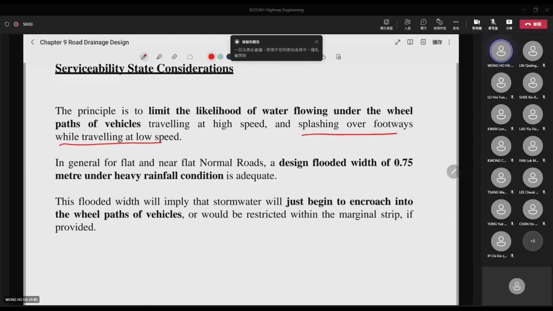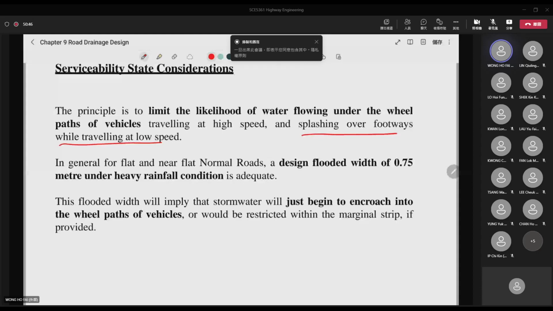That means for the serviceability consideration, we need to limit the flooded width because we don't want it to be too wide and go into the driveway of the vehicle, so that the wheel will be wetted and cause a dangerous situation to the vehicle. And for the vehicle, if they drive slowly, they may also splash the water over the footway, and then the pedestrians will get wet. Okay? We also don't want the splashing of the water on the footway.